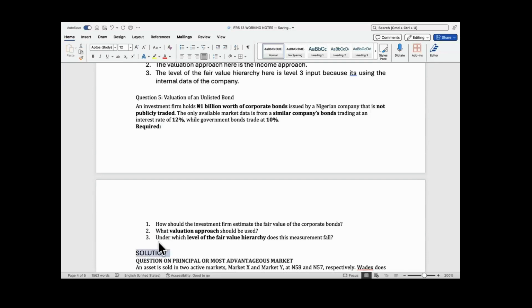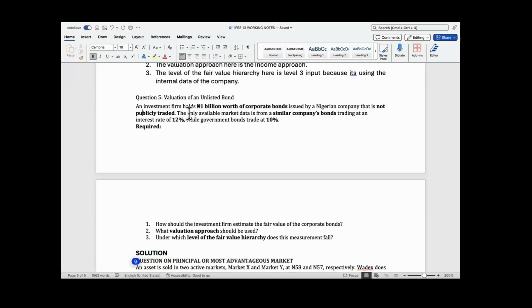Okay, so here we have a 1 billion bond, and this bond is not publicly traded, right?